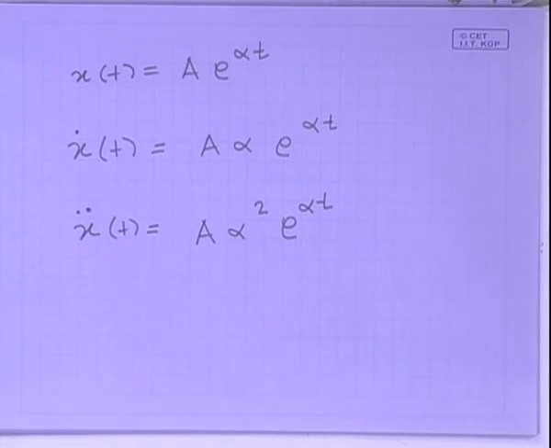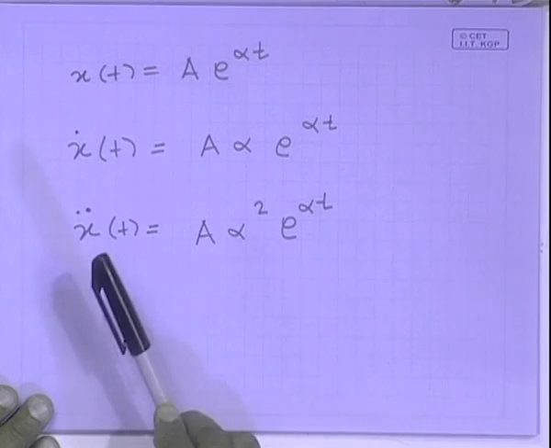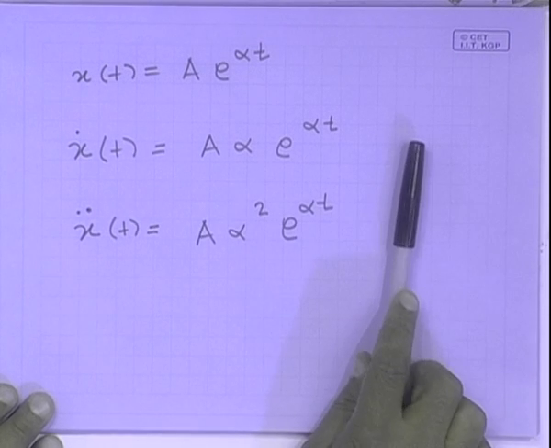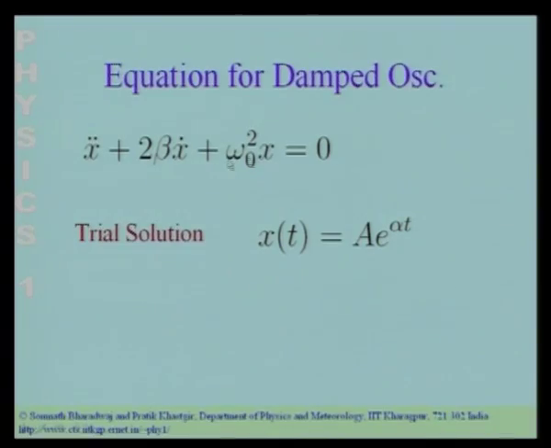Now we have to plug in these expressions for x, the first derivative of x and the second derivative of x, into the differential equation which is given over here. This is the differential equation which governs the motion of the damped oscillator.